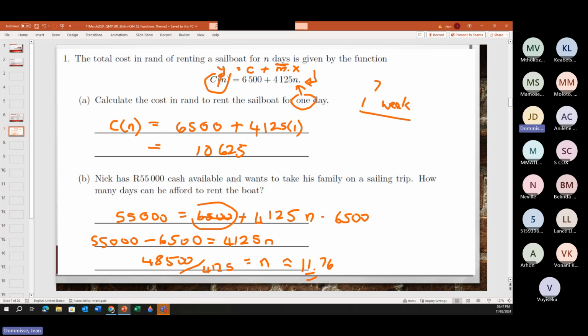On this side, 6,500 minus 6,500 will be equal to 0, so that I can isolate the n on the one side. But because I'm subtracting it on this side, I need to do the same on the left-hand side. Does that make sense? What I do on the right-hand side, I must do on the left-hand side as well.